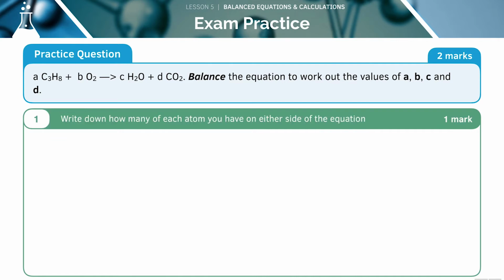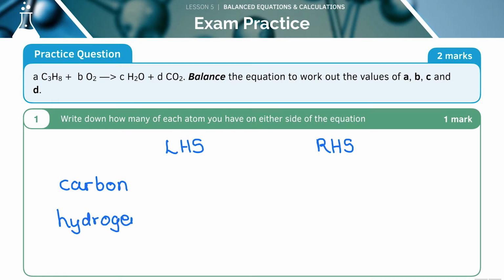We'll start off by writing down the number of each atom on each side of the equation. So we will start by writing the left-hand side and the right-hand side. The elements that are present are carbon, hydrogen, and oxygen.